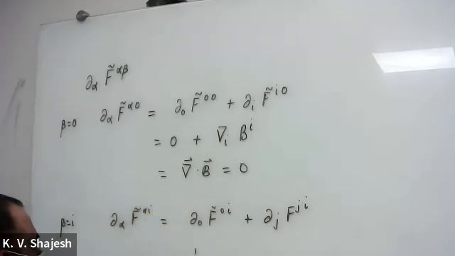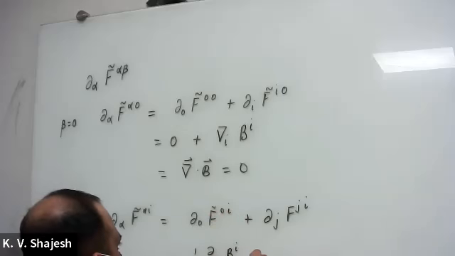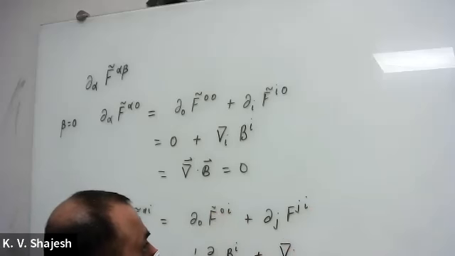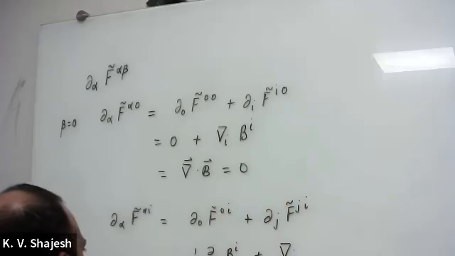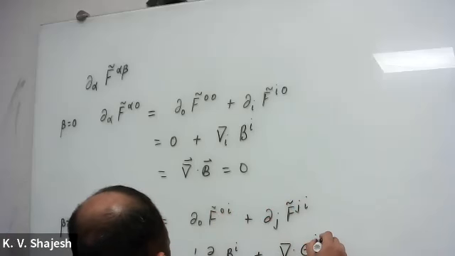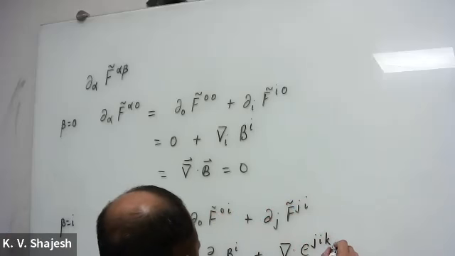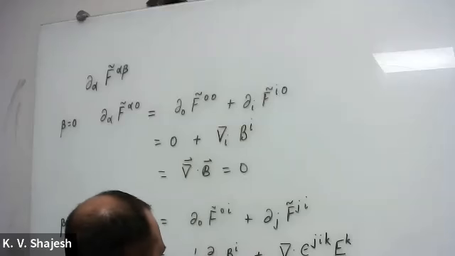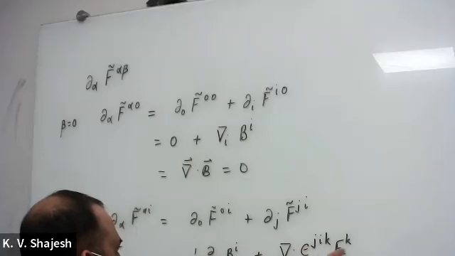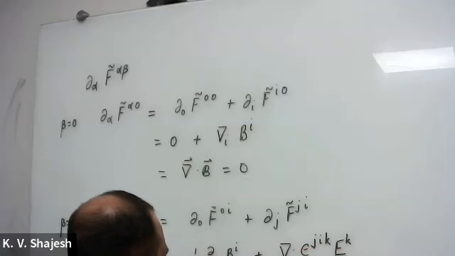This is 1 over C d by dt of the magnetic field, plus Dj F tilde ji, where F tilde ji is epsilon jik Ek over C. That's the same as 1 over C d by dt of the magnetic field plus del cross E.